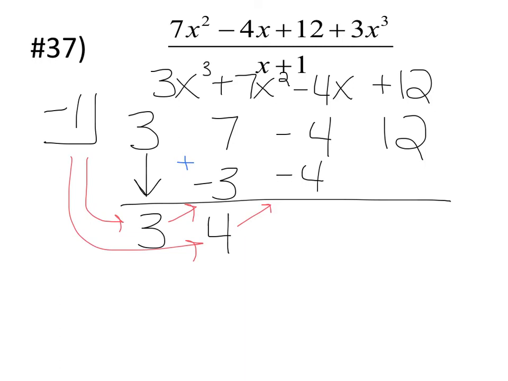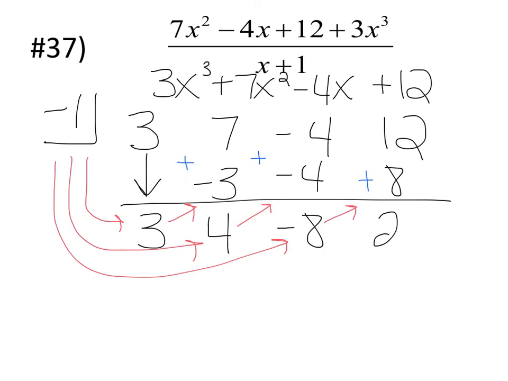And then add. Adding a negative is the same as subtracting. So negative 4 minus 4 is negative 8. Multiply. Negative 1 times negative 8 is positive 8. And then add. 12 plus 8 is 20. And that's our remainder, because remember, your last number is always your remainder.